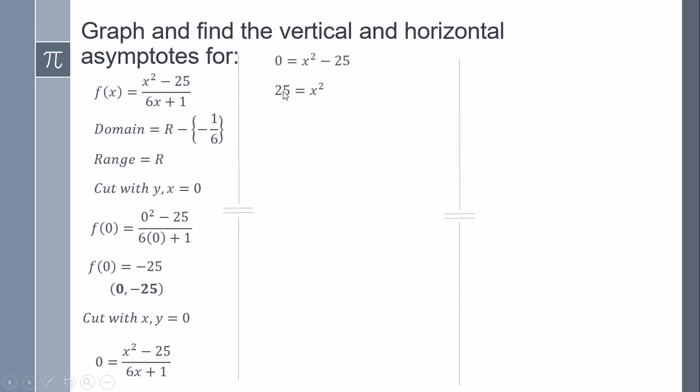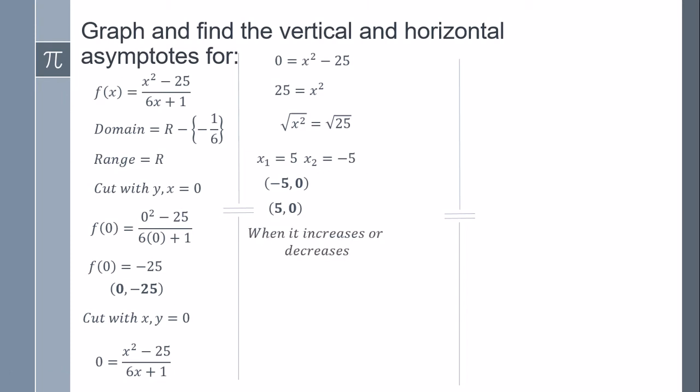We pass the 25 to the other side because it was subtracting, and I can take the square root on both sides, and I have x1 is 5 and x2 is minus 5. So we have the points minus 5, 0 and 5, 0. There are two cuts with x.